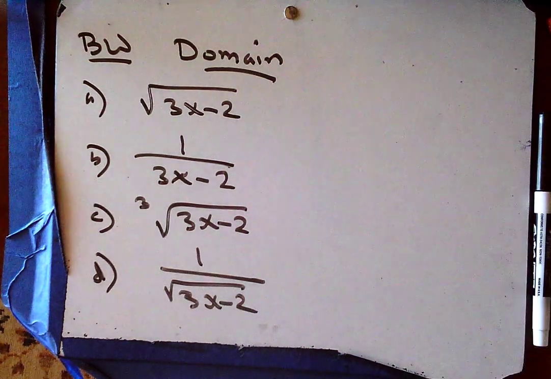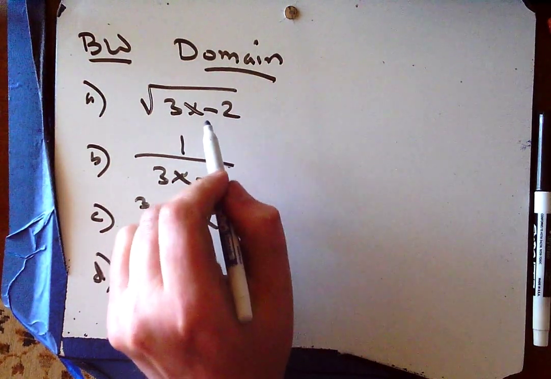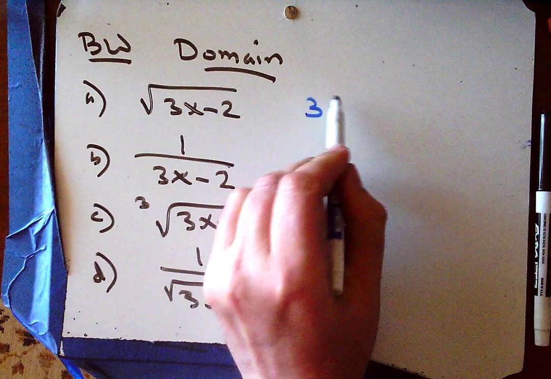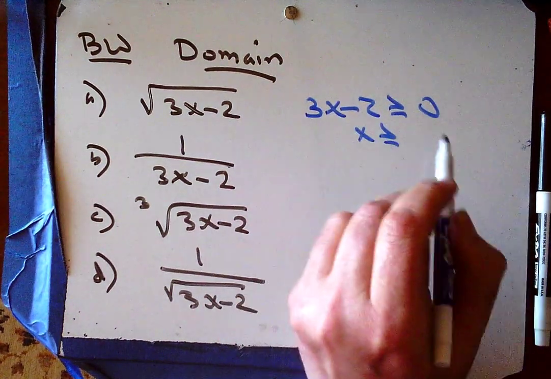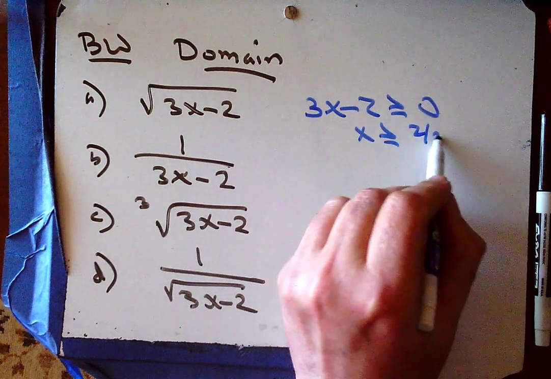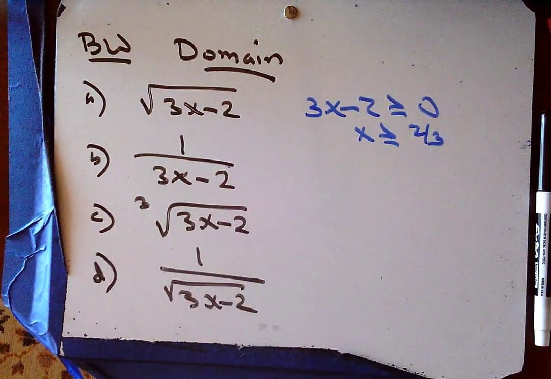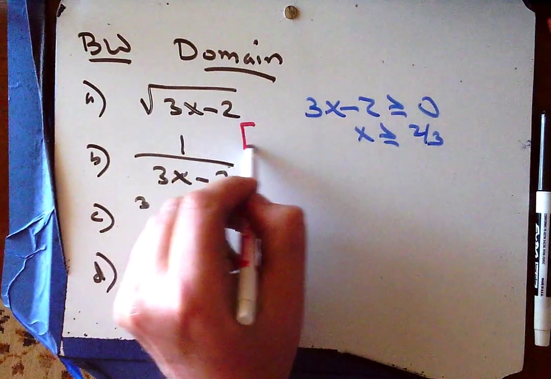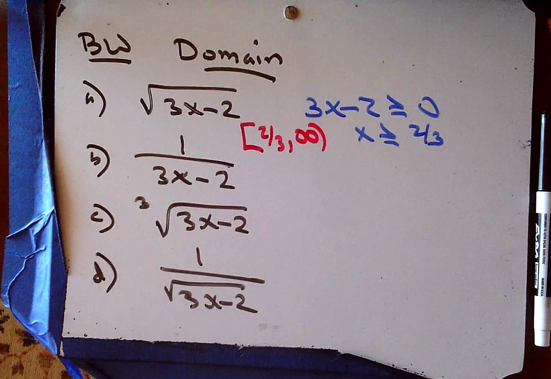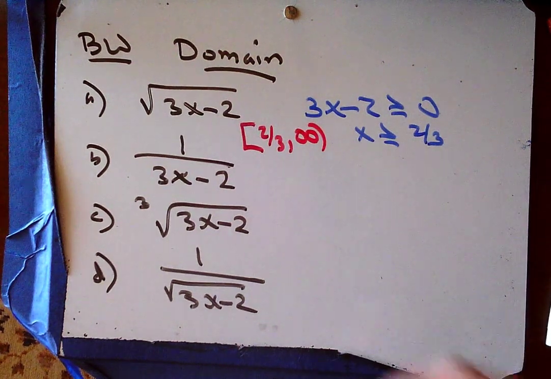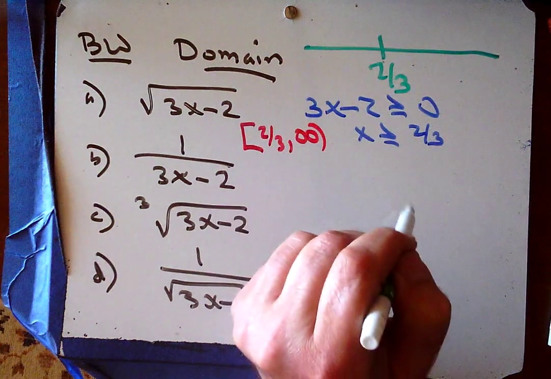Okay, so the first one, I know I have to set the stuff under the radical, the radicand, greater than or equal to 0. So x is greater than or equal to 2/3. Using interval notation, we would write 2/3 to infinity. And if that's hard for you to get to, it might be worth your time to go by way of the number line.